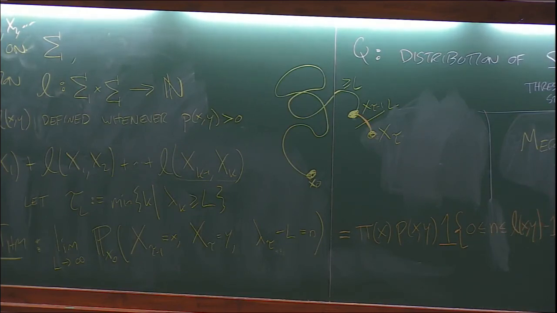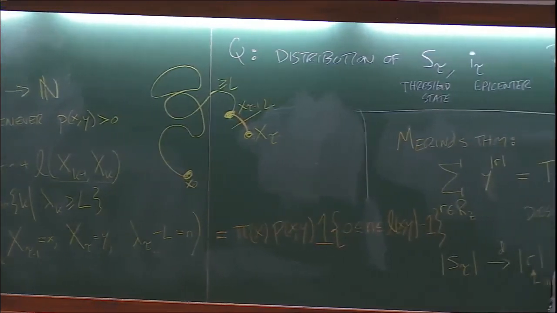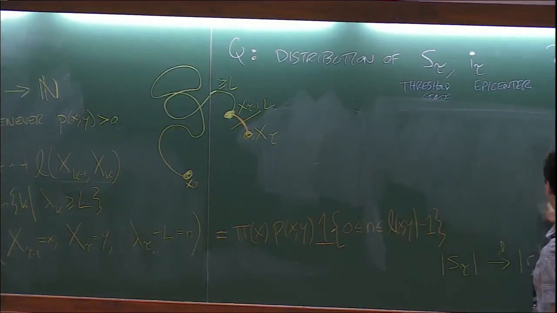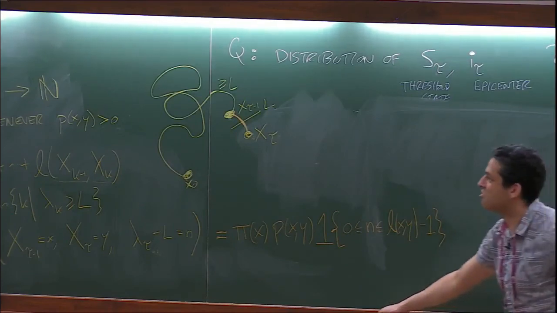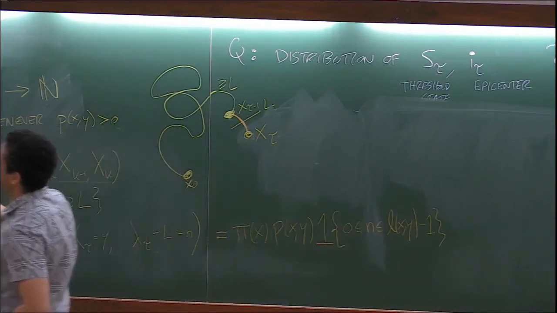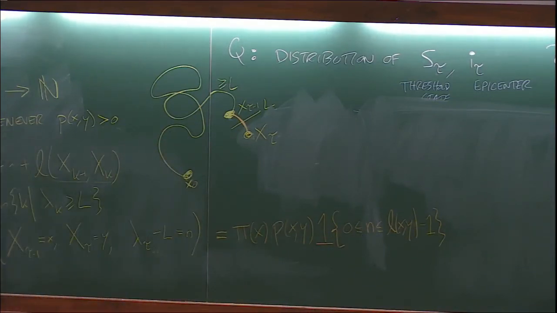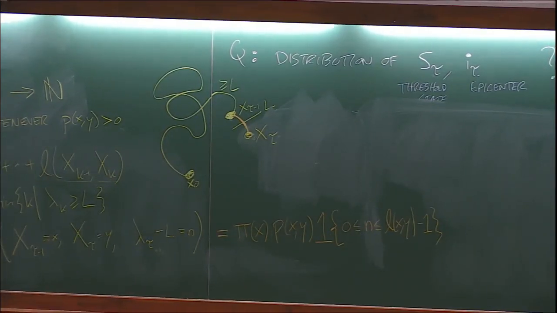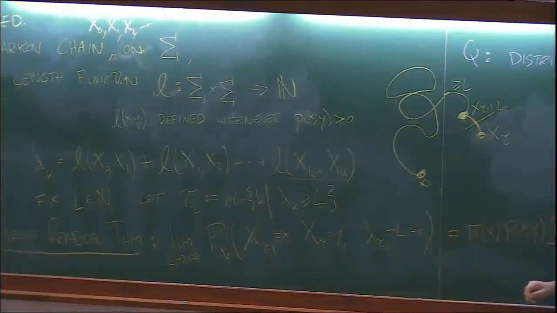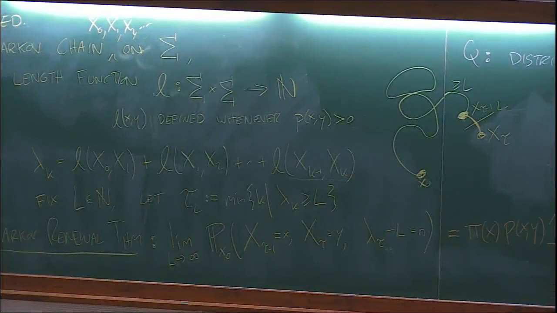Okay, so what hypotheses do you need for this guess to be correct? Basically, the minimum obvious things to require. So, first of all, you want your Markov chain to have a stationary distribution, or a unique one. So let's make the chain irreducible. Secondly, you might be worried about periodicity.